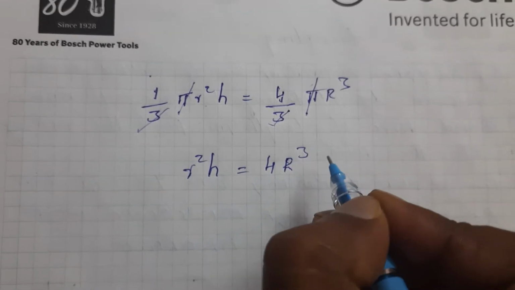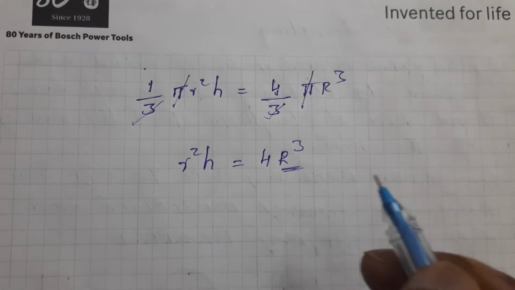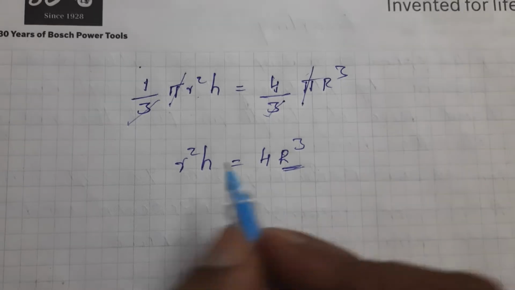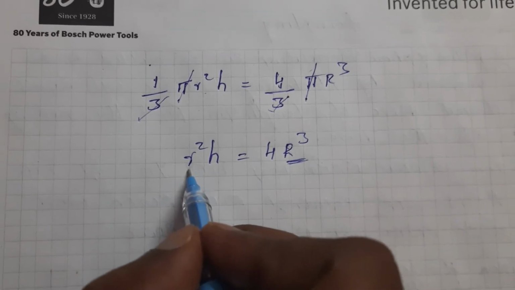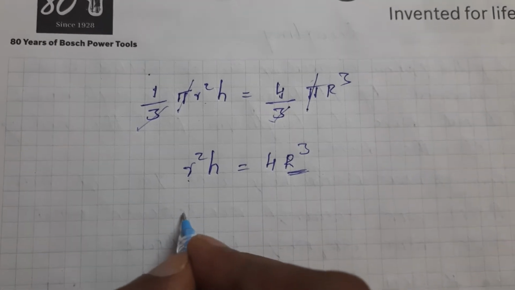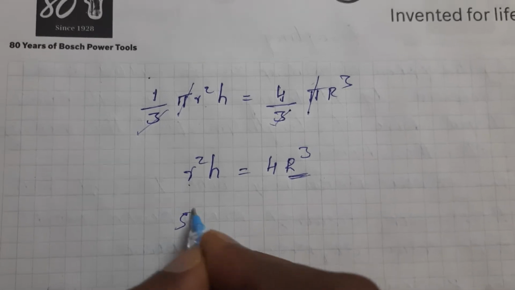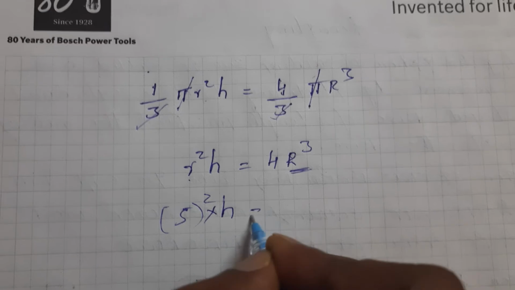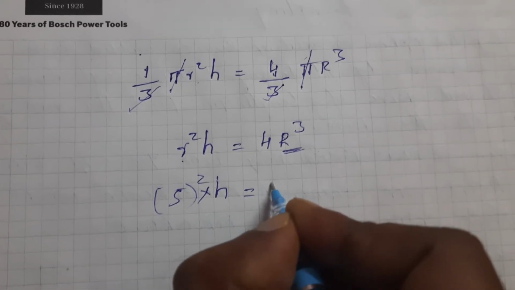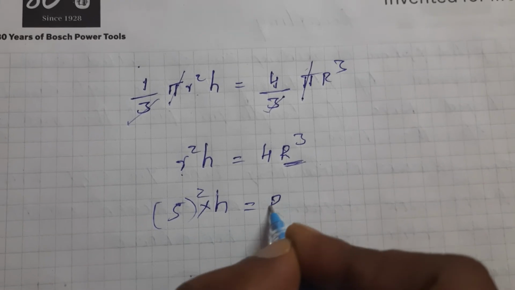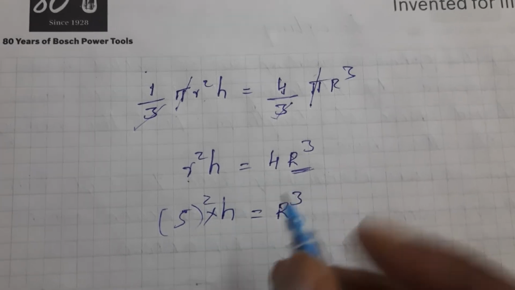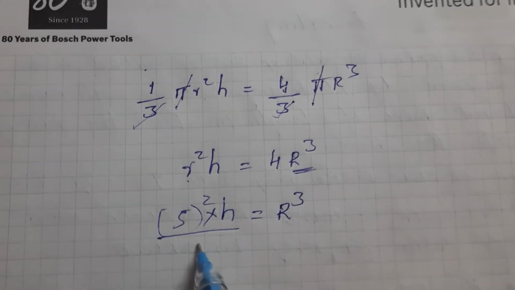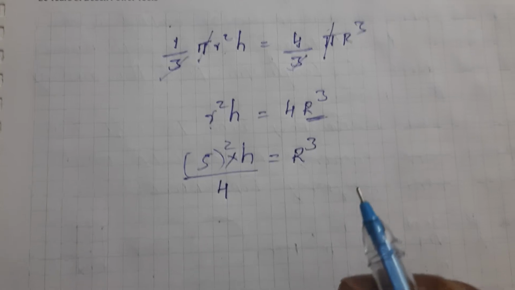So what we have to calculate, the radius of the sphere we have to calculate. They given the radius of the cylinder, that is how much, that is 5, that is 5 square into h is equal to, so we have to calculate r, so keep as it is, send this 4 to the left hand side, it will come to the denominator.